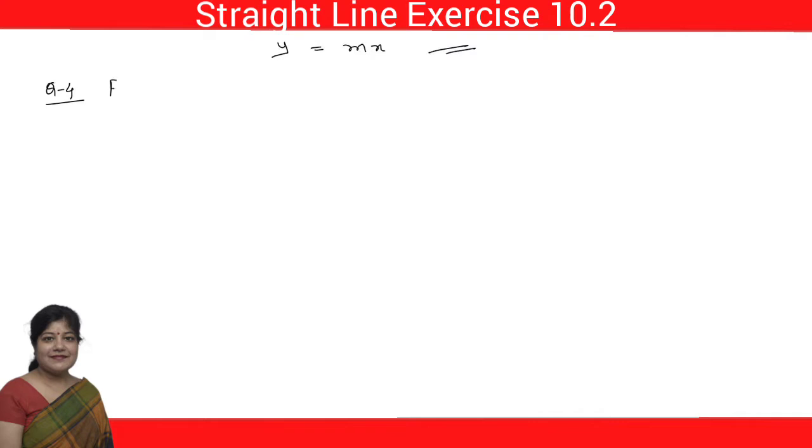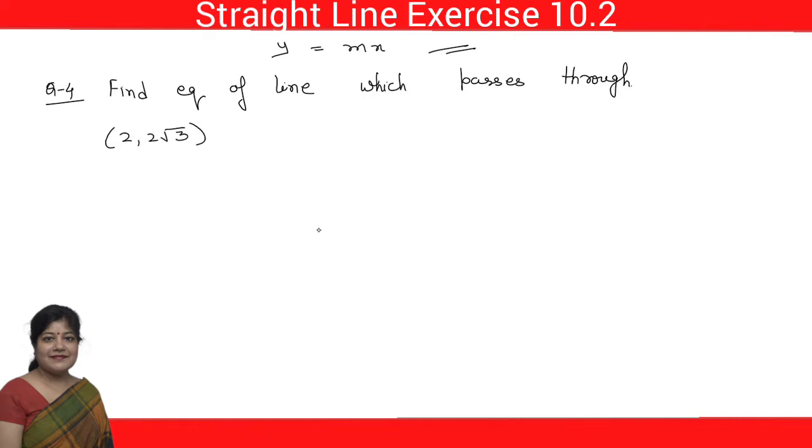Find the equation of line which passes through 2 comma 2 root 3 and is inclined with the x axis at an angle of 75 degrees.